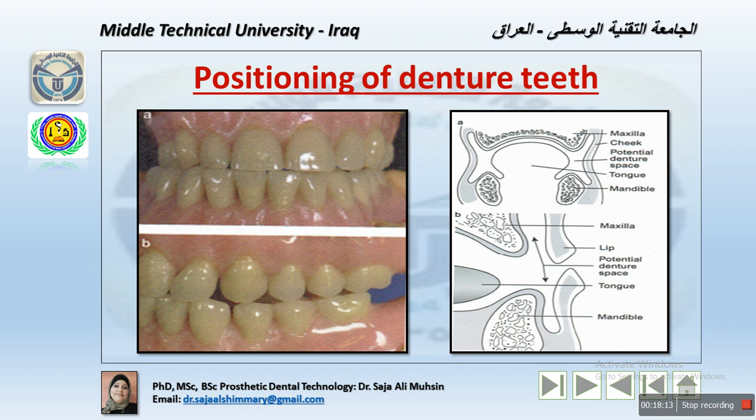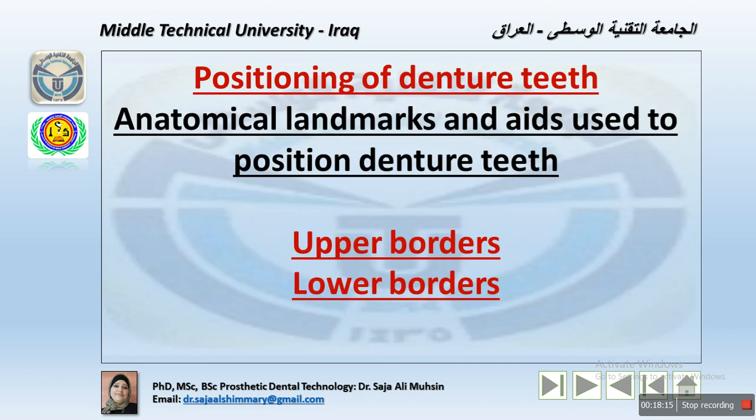Now, coming to the anatomical landmarks that aid in positioning the denture teeth, we generally have many landmarks within the maxillary and mandibular edentulous arch. There are many landmarks within the maxillary edentulous arch and the mandibular edentulous arch that are really important for us to know about, in terms of their effect on our restoration later on when we design it.